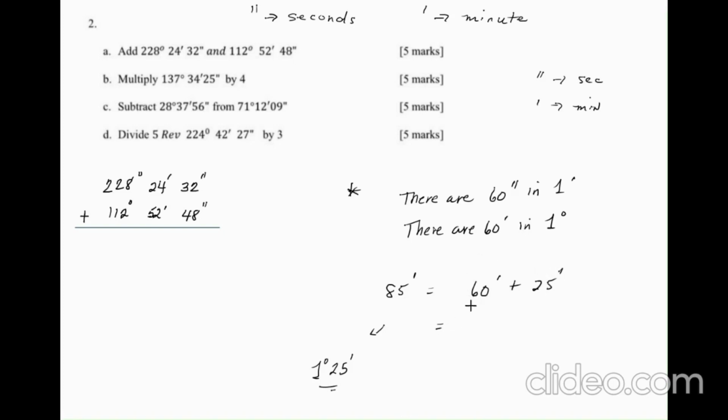But we know that 60 minutes is 1 degree. Well, you have 1 degree plus 25 minutes, and we write that like this: 1 degree, 25 minutes. Okay, so keep this principle in mind. Again, this is probably a good point to pause the video and go back over that if it went by a little fast for you.